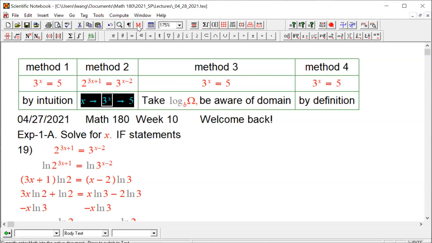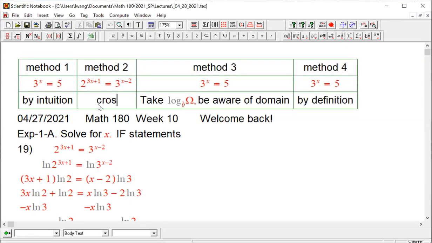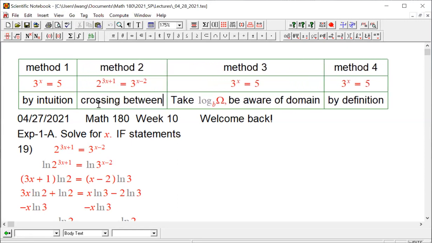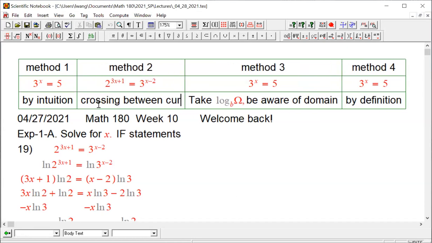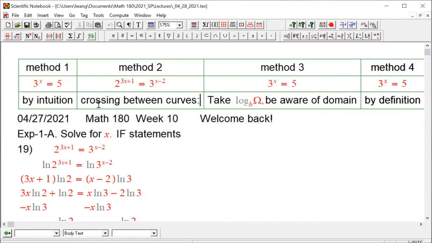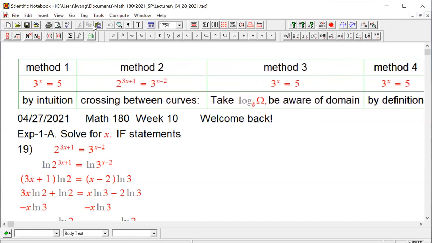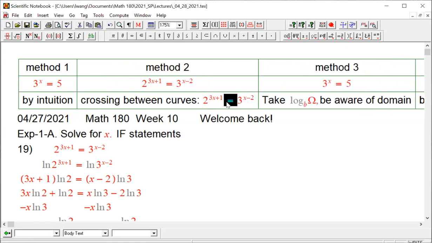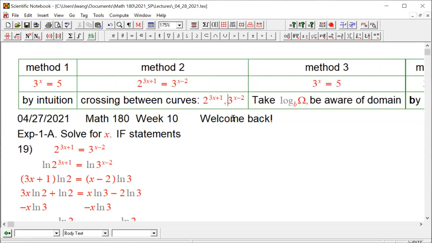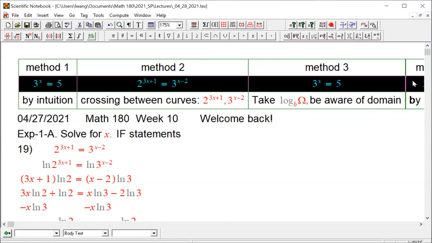Okay, so let me write it down. Crossing between curves. And these two curves are these two, respectively. You follow me?